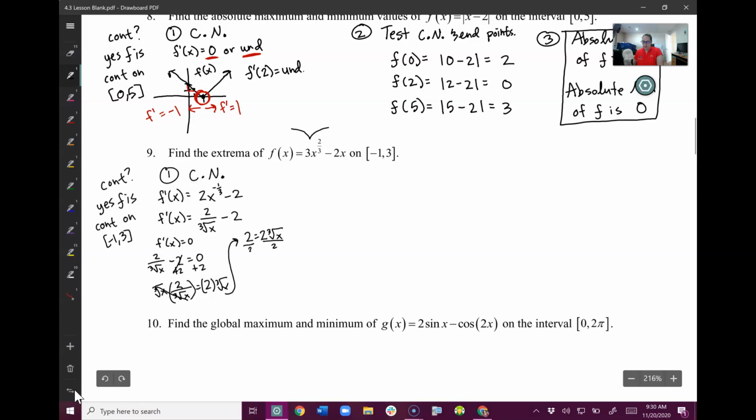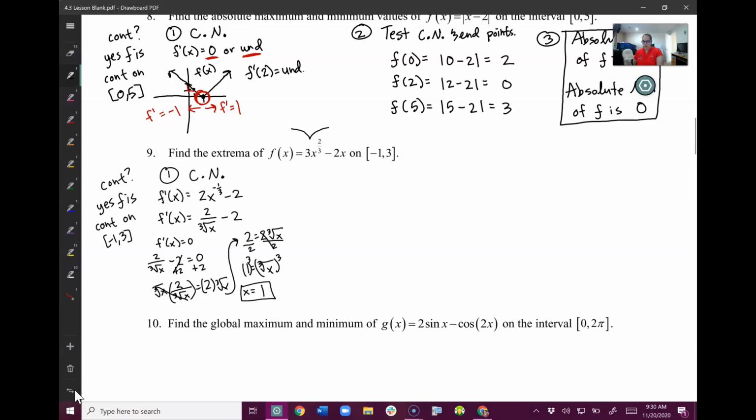Divide by 2. So I have 1 equals the cube root of x. So at this point I'm going to cube it to get rid of that. So x equals 1 cubed, or 1.